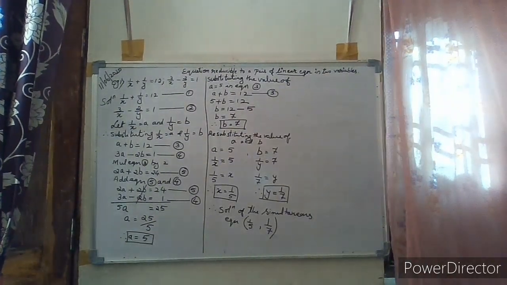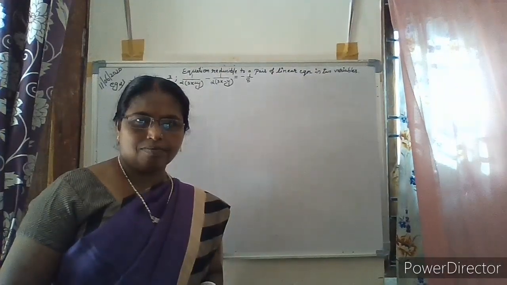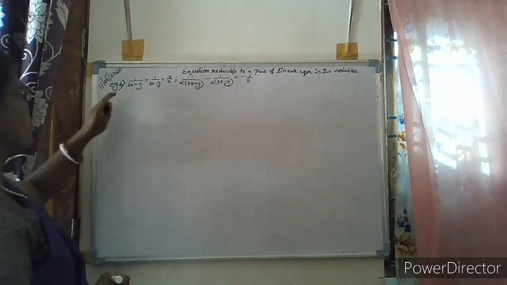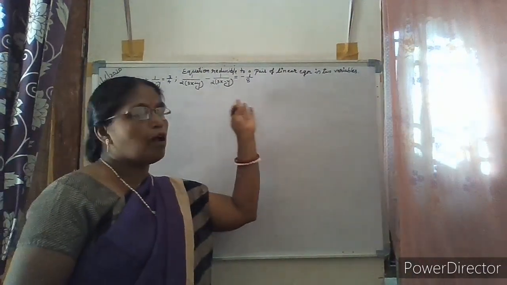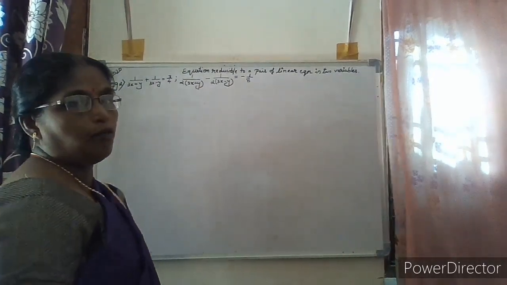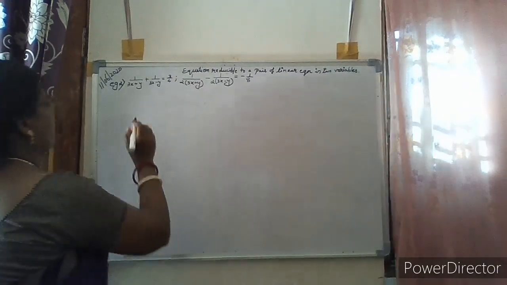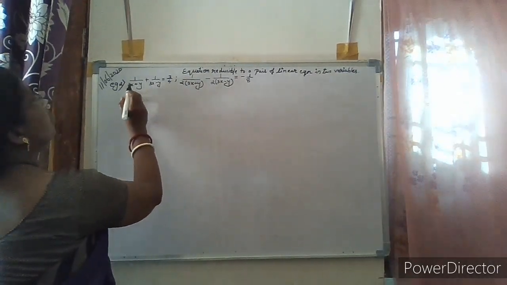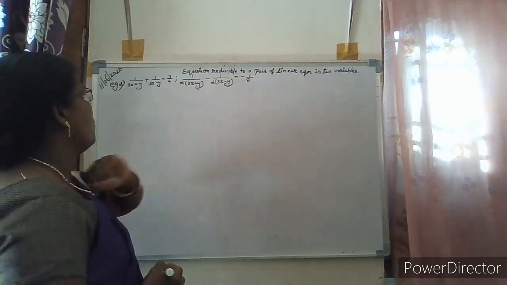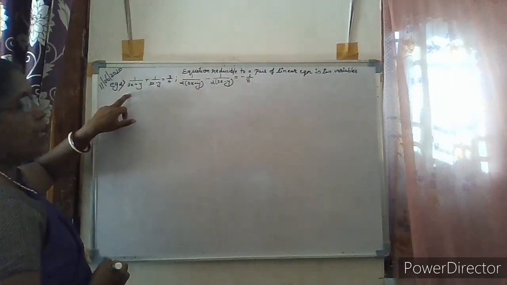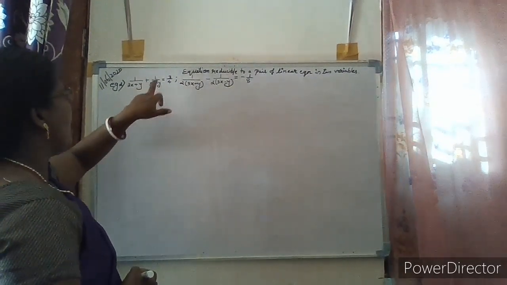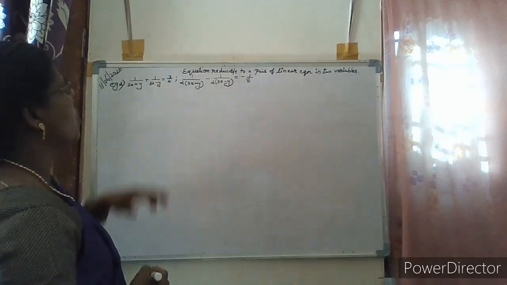This is the second example. We'll start with the second example, children, and this is the example I have taken from the textbook practice set 1.4, fourth question. So here you can see even this is not in the form of linear equation. It is given 1 by 3x plus y plus 1 by 3x minus y equal to 3 by 4.